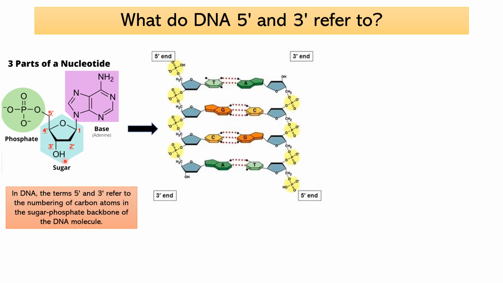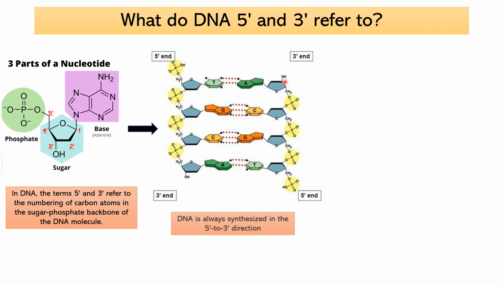Here we have 2 DNA strands. This strand runs from 5 prime to 3 prime, and this strand runs in the opposite direction, from the 5 prime to the 3 prime. And these are the hydrogen bonds between the nucleobases. As you can see here, when I say 5 prime, I refer to the end of the DNA strand where there is a phosphate group.